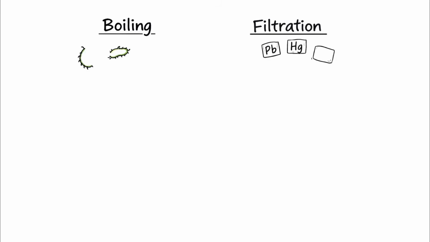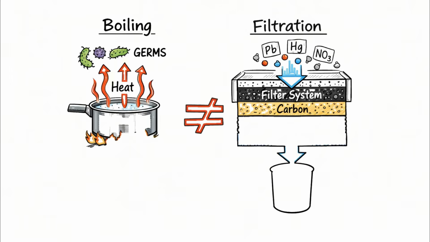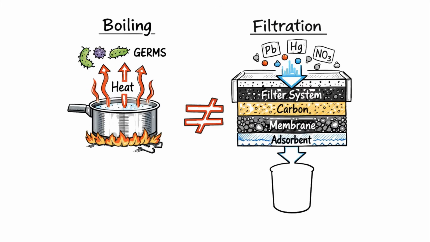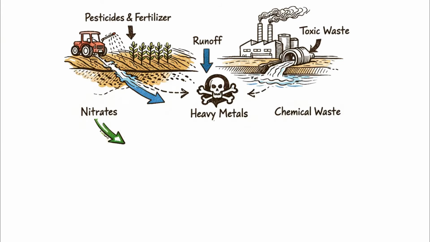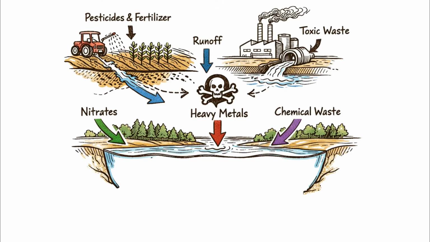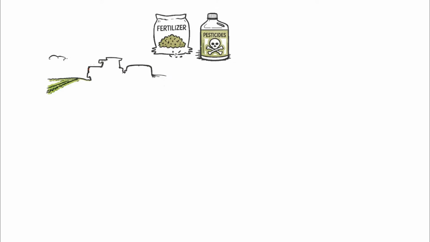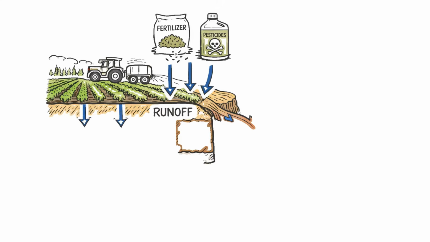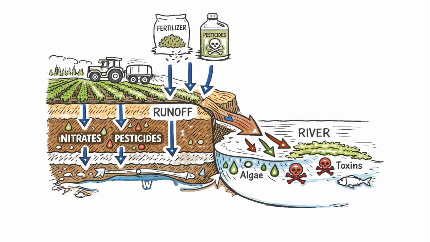While heat is fantastic for killing living things like bacteria, it does absolutely nothing to remove the invisible inorganic threats lurking in that water. Many seemingly pristine natural water sources are unfortunately contaminated by various human activities, introducing dangerous chemicals into the surrounding environment. Agricultural runoff, laden with powerful fertilizers and pesticides, frequently contaminates these natural water sources as it seeps from farm fields into nearby rivers.